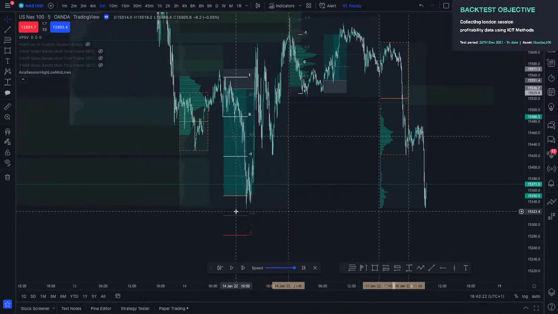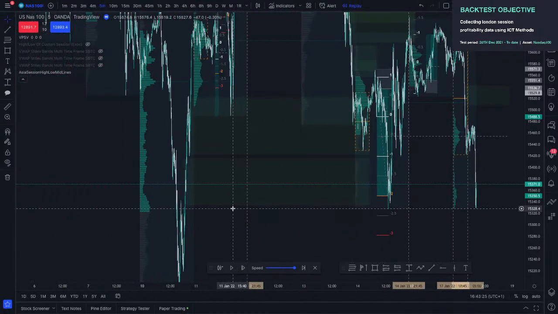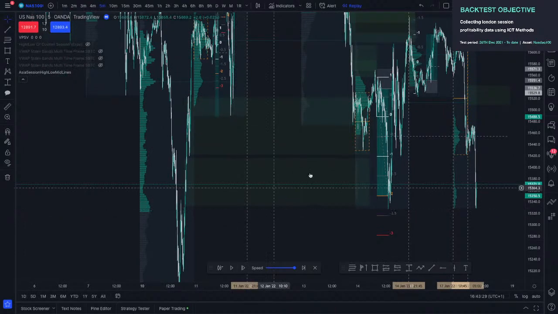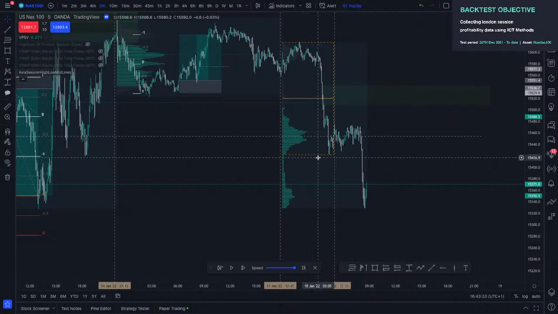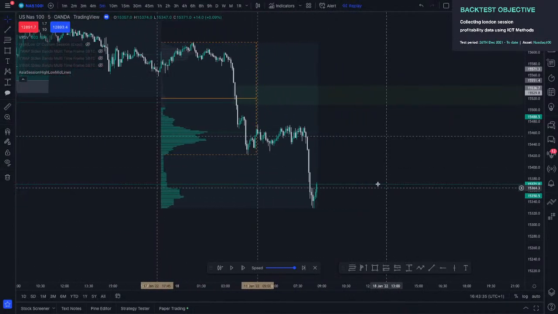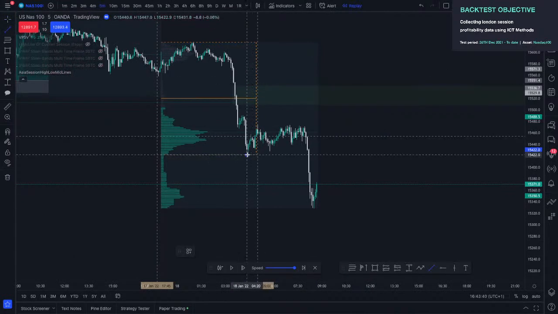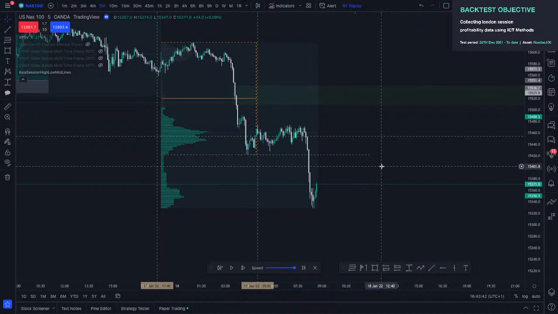Took out these lows. Still struggling around this area. We have a single print here. This is a hard one. Is it fair to say to wait for a trade here, because it looks like a completely trendy day?